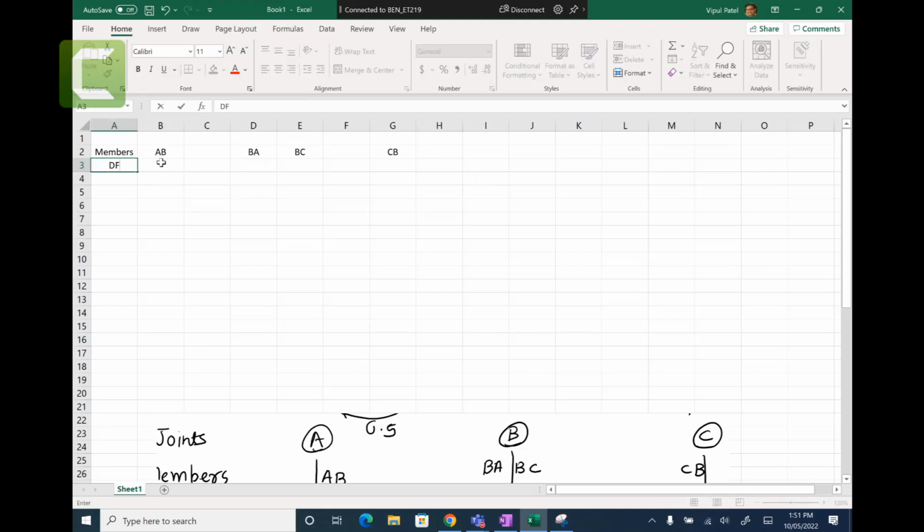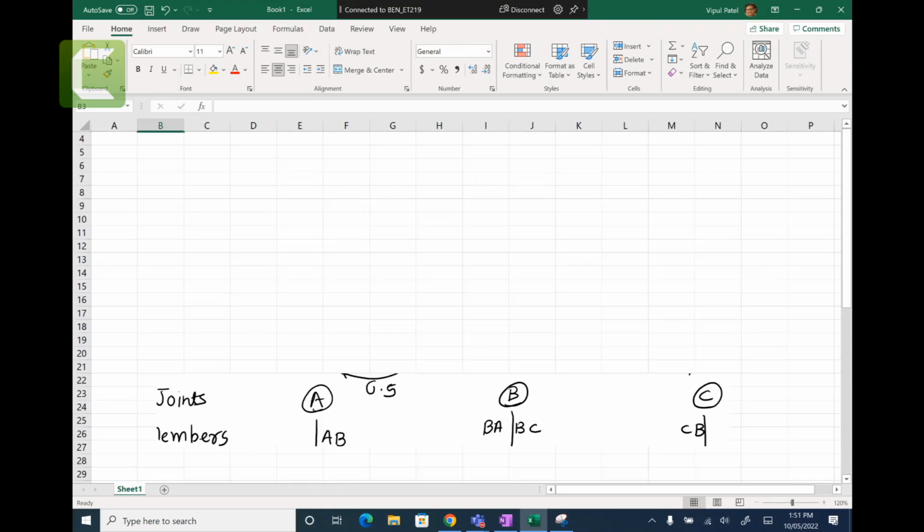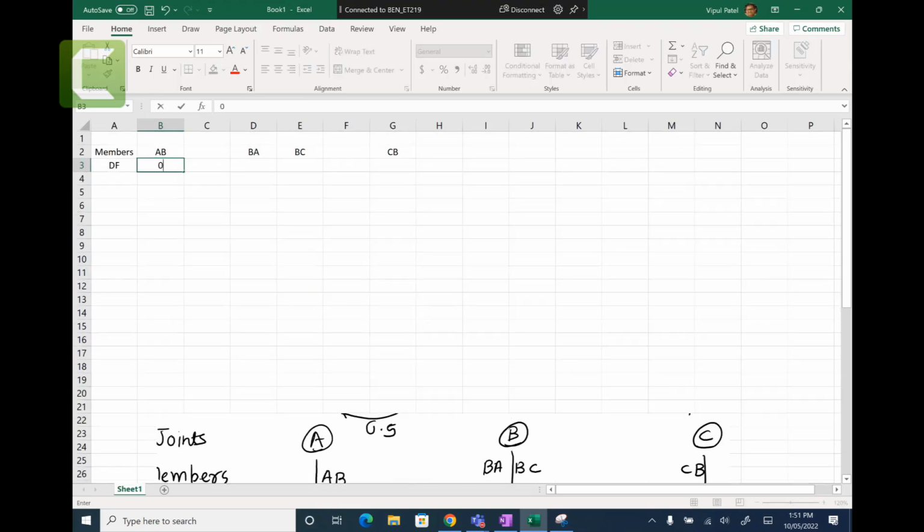Let's write distribution factors DF, and that will have 0, 0.4, 0.6, and 1. And let's put this one in color, because we need this value for every step. So let's highlight it. They are very important for us.